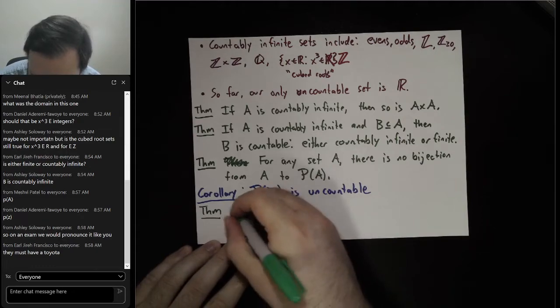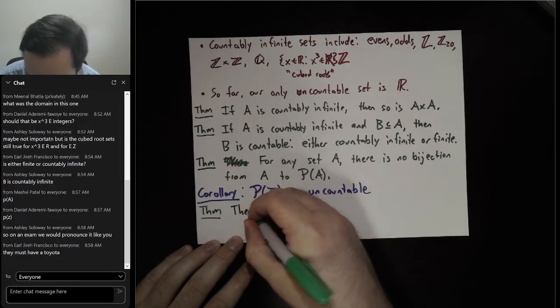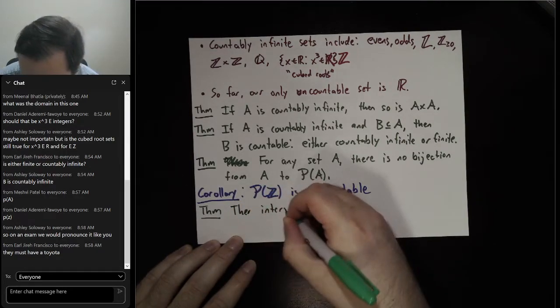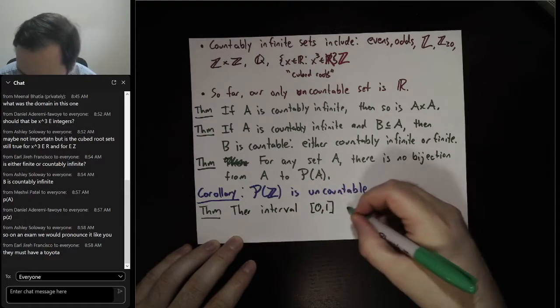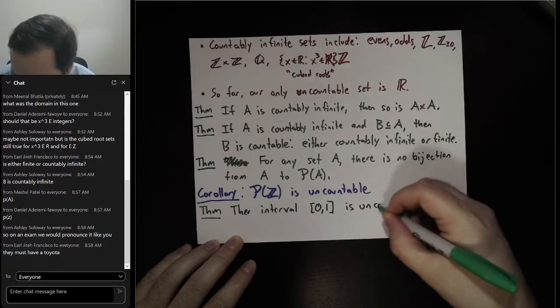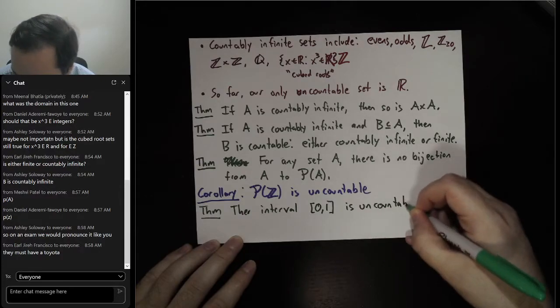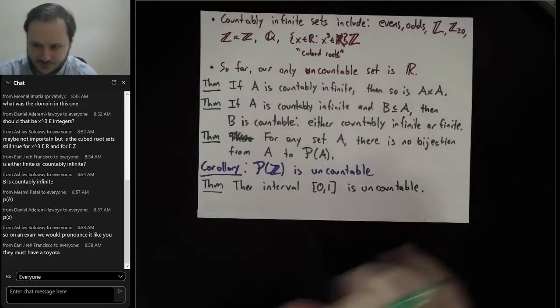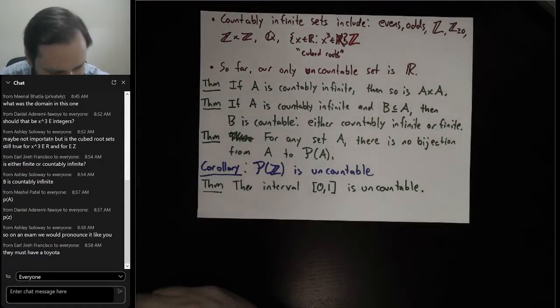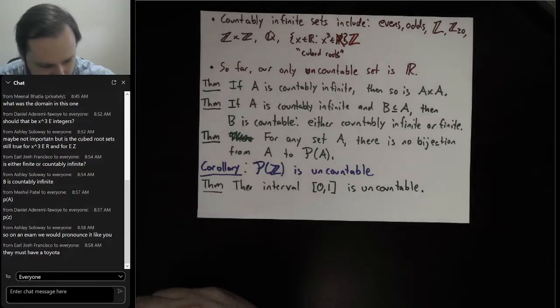The interval between 0 and 1 is uncountable. And this one I can actually prove. Proof.